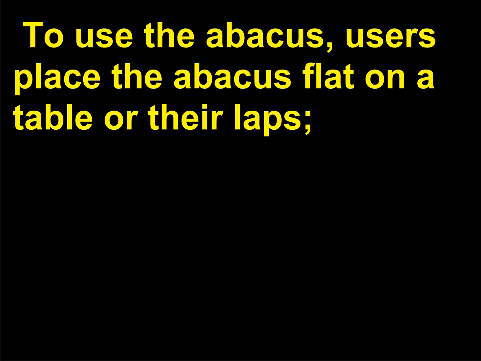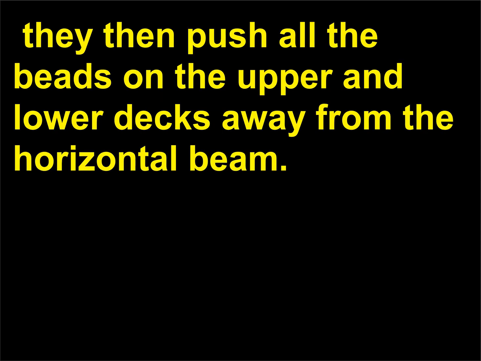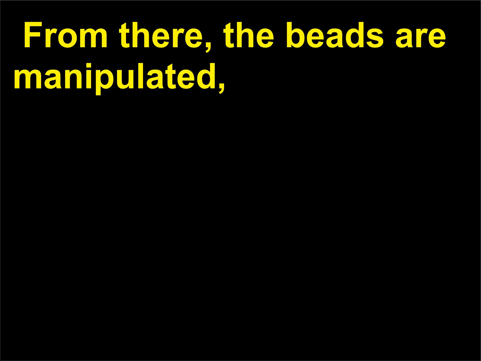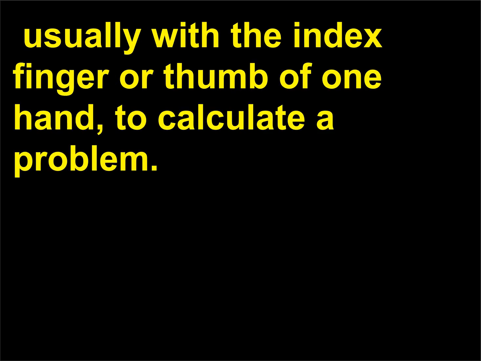To use the abacus, users place the abacus flat on a table or their laps. They then push all the beads on the upper and lower decks away from the horizontal beam. From there, the beads are manipulated, usually with the index finger or thumb of one hand, to calculate a problem.